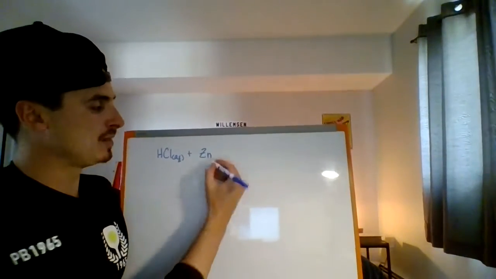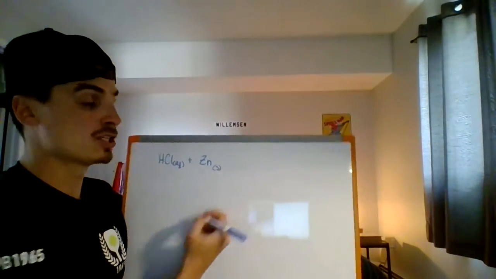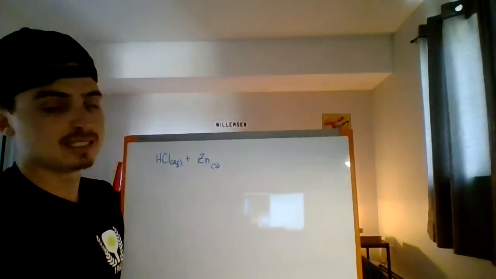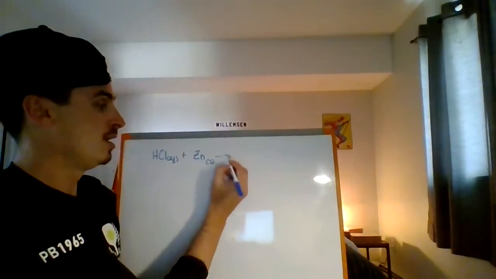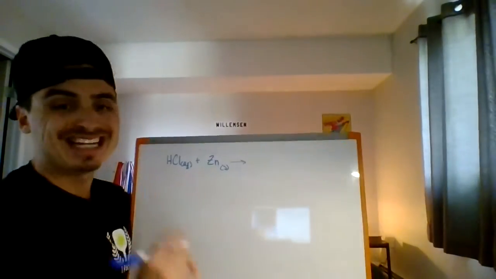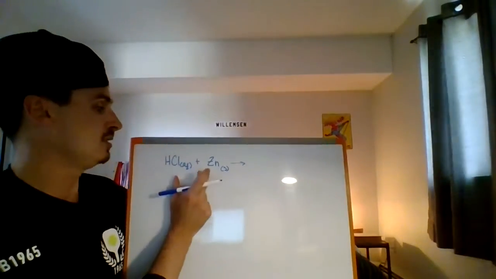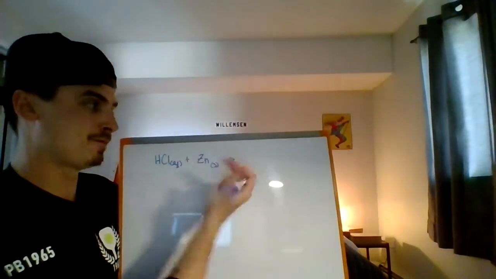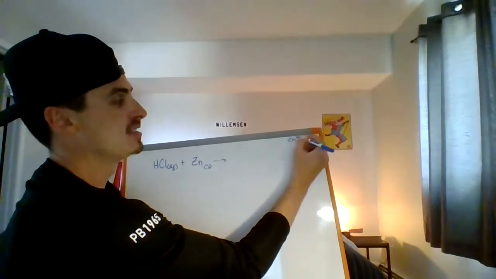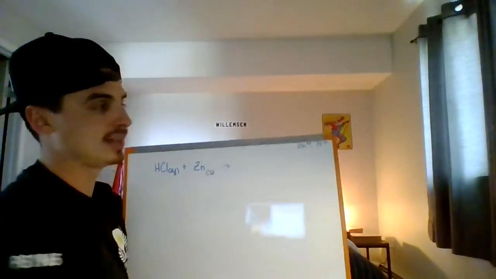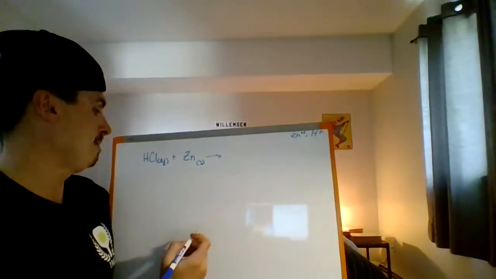Zinc as an element is a metal, which means it's a solid, and it's an element, it is neutral. Elements do not have charge. When this reacts, I'm going to have a single replacement reaction where zinc and the hydrogen flip because zinc is a cation, so they're going to flip.